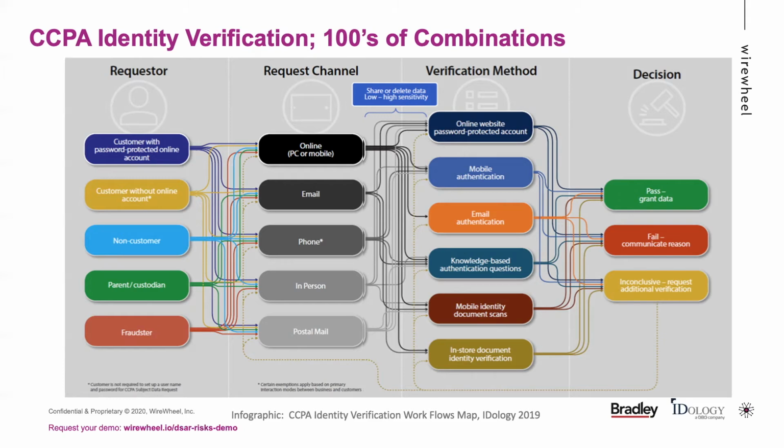And this is especially true if you have high sensitivity information. So if it's not conclusive, other forms have to be presented. And it is important to note that when there's a failed verification request, companies need to give additional options and reasons back to the requester as to why that was denied.